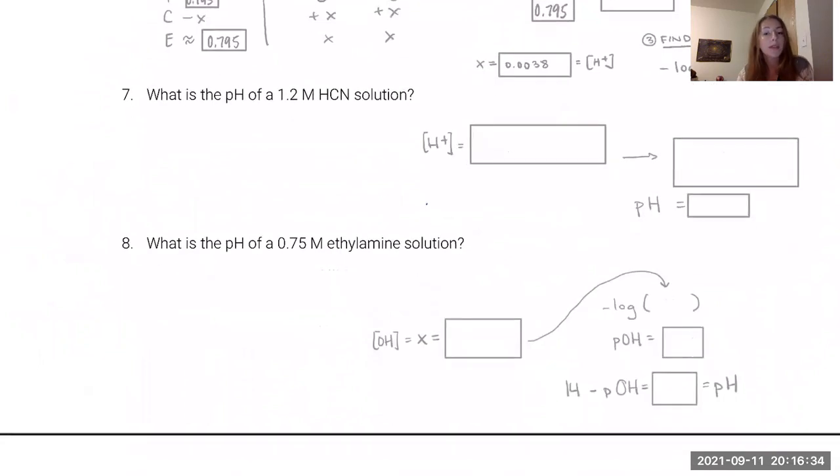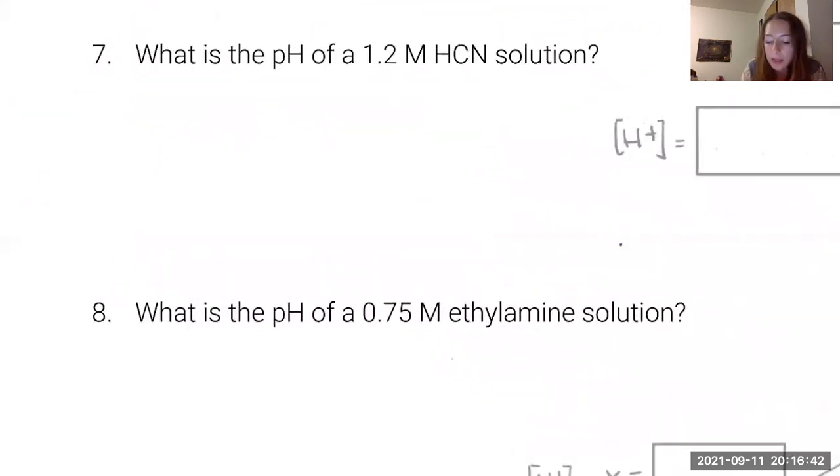The next question is even simpler. We're just given this is our HCN in solution. What is the pH? Okay, so we're going to do another weak acid calculation. First thing always to do for weak acid, weak base is to do that ICE table, right?